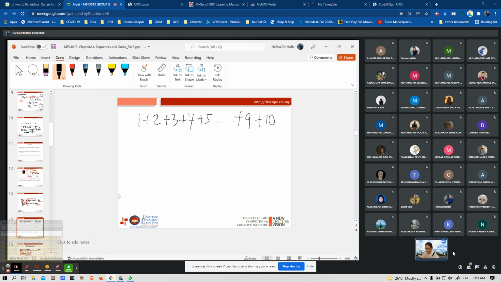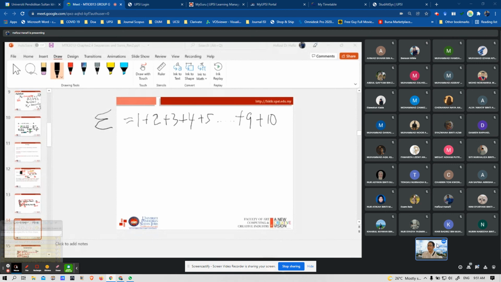Okay, we can represent this one is equal to sigma. This is a Greek letter, right there on the left hand side. What you do is you define the index.